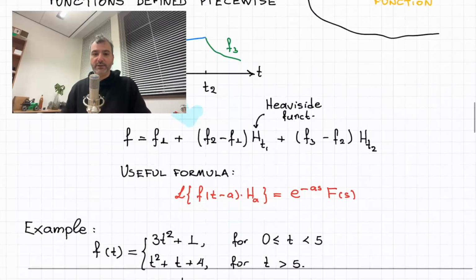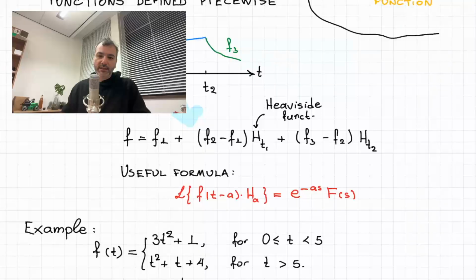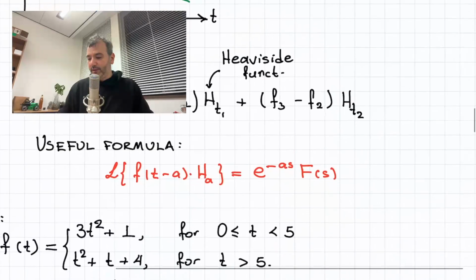Now, of course, I need to tell you how you can determine the Laplace transform of functions like this, where you have a function times a Heaviside. Good news, there is a formula. It looks like this.